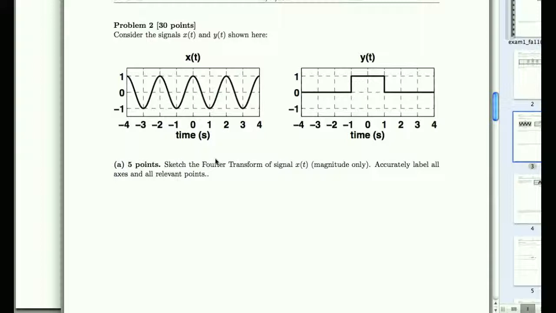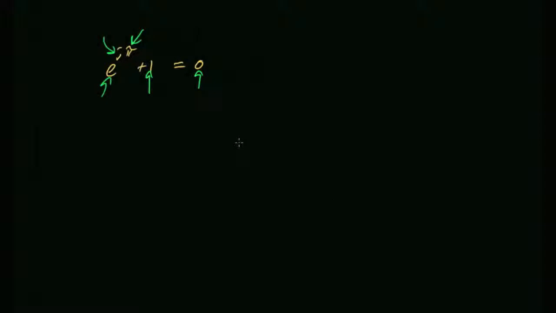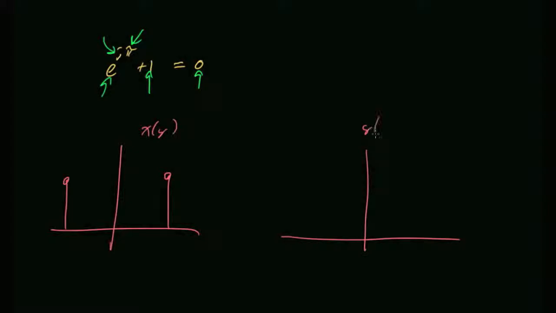And for the other one, the rectangle pulse, we know from class it's going to look roughly like that. And that's it. So with a periodic function, the frequency content is a discrete function, basically? Yes, absolutely. For a periodic function, the frequency content is always discrete. It's only at harmonic frequencies.